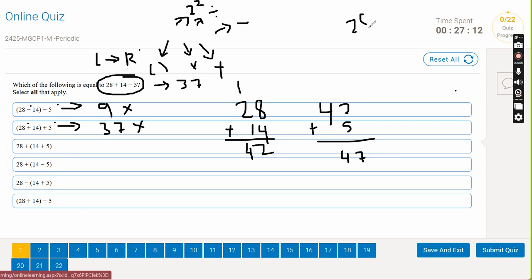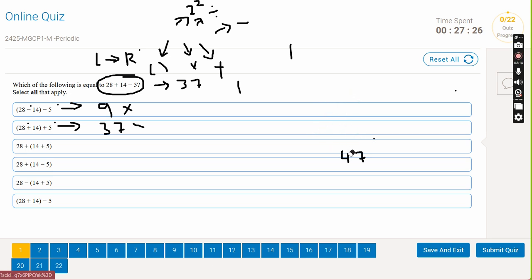Now 28, and the 14 plus 5. Why? Because that's in parentheses. So 14 plus 5 is 19. Remember, I'll erase everything else so it becomes easier. So we did what's in the parentheses first, 14 plus 5, which is 19. Let's write it properly. So 28 plus 19, because now we'll write it like this.